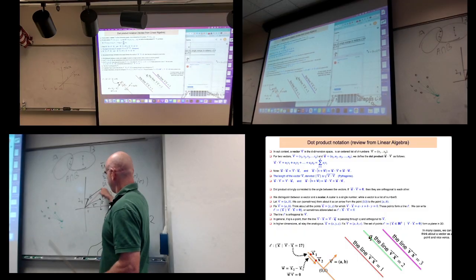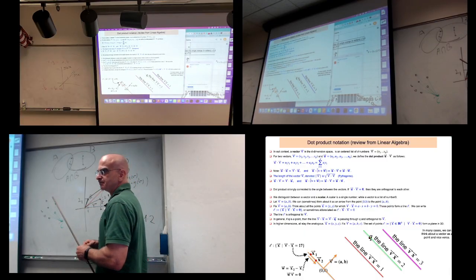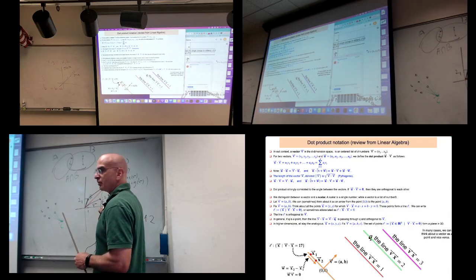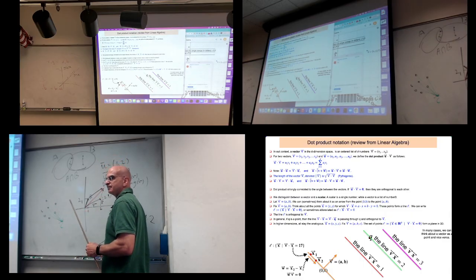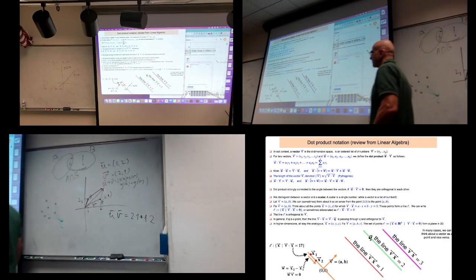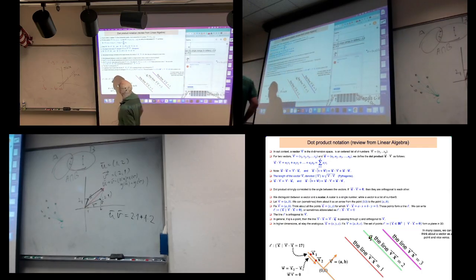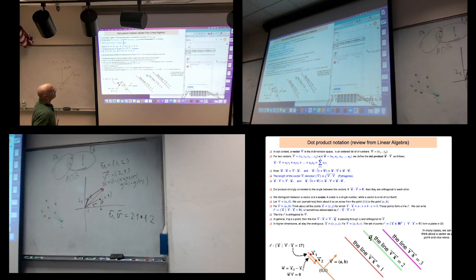This is just the length of this vector that got all the way to here. Right? The x coordinate squared plus the y coordinate squared. Based on your facial expressions, you all seem less than surprised.